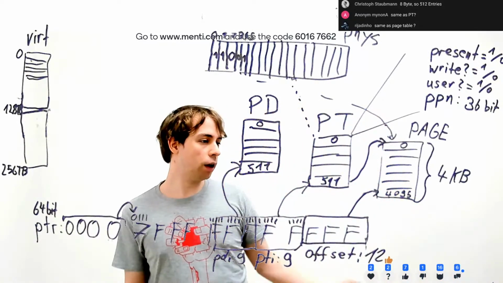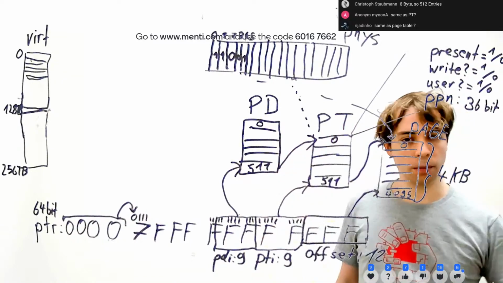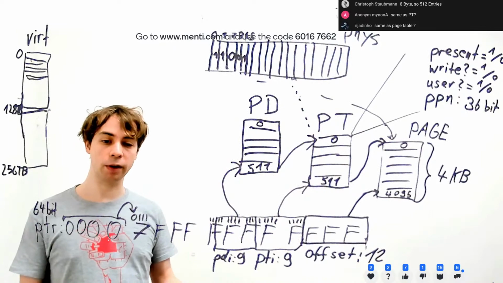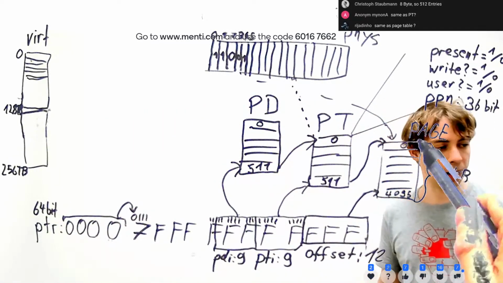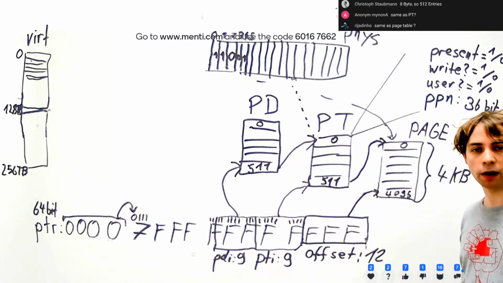How much memory do we manage with that? Well, the page table manages 2 megabytes because it's managing 512 4 kilobyte pages. 2 megabytes. Okay.